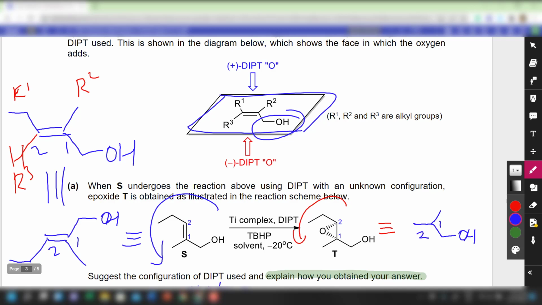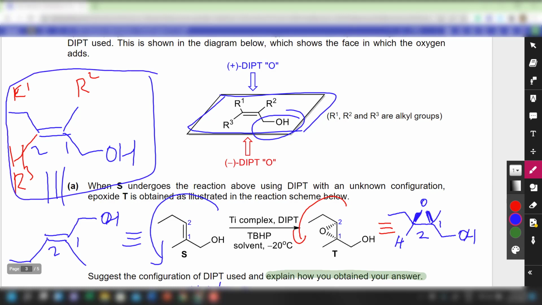Of course we have the groups projecting upwards. The epoxy oxygen is now projecting upwards. Now I'm going to compare these two structures. You notice that because the epoxy oxygen is pointing upwards, I should be using plus DIPT.